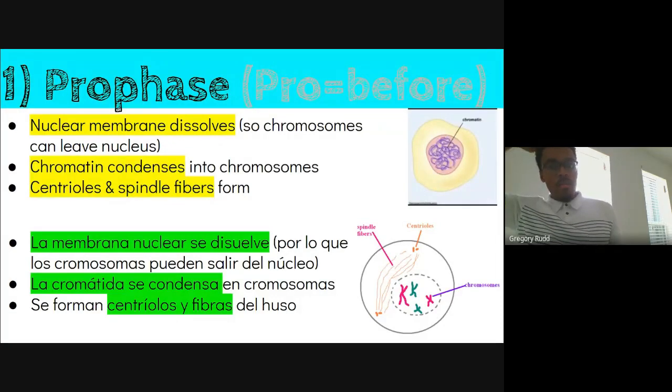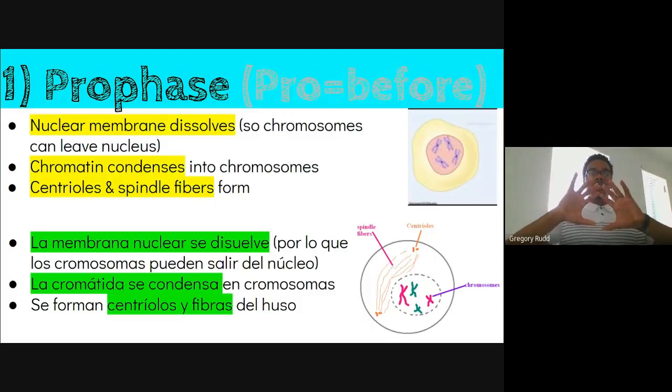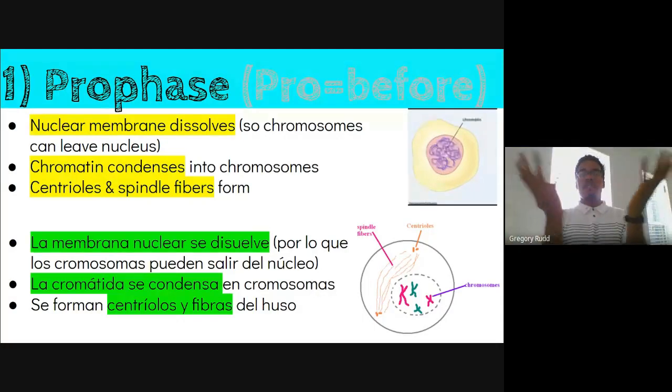So prophase is important because the nuclear membrane needs to dissolve. That means that essentially the outer layer of the nucleus dissolves, and this allows the chromosomes to be accessed from outside of the nucleus.